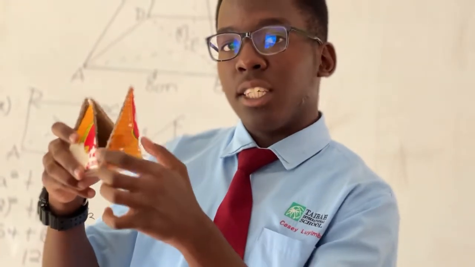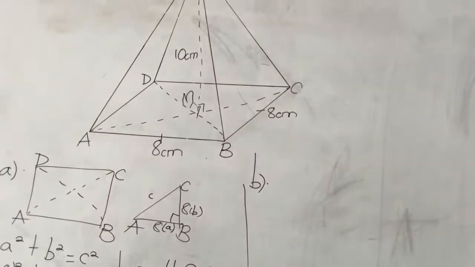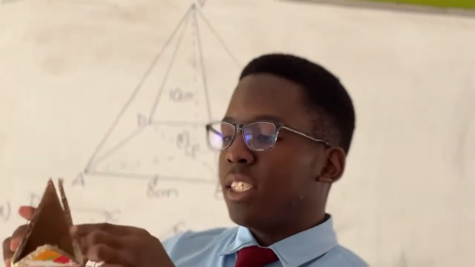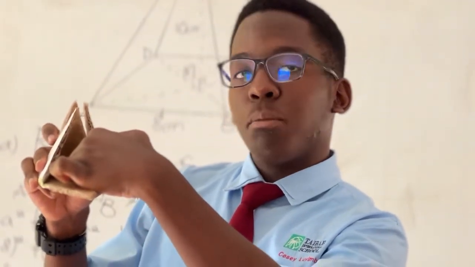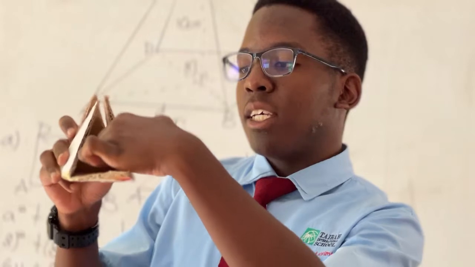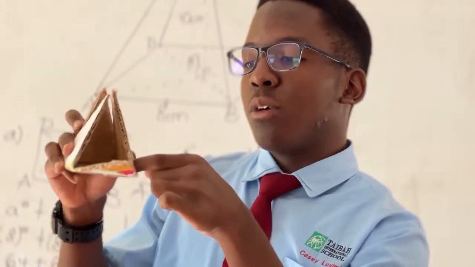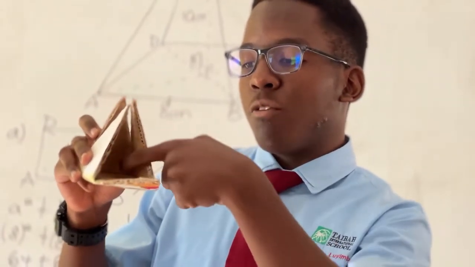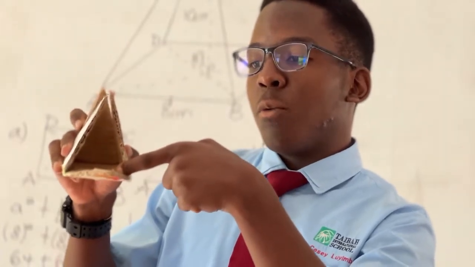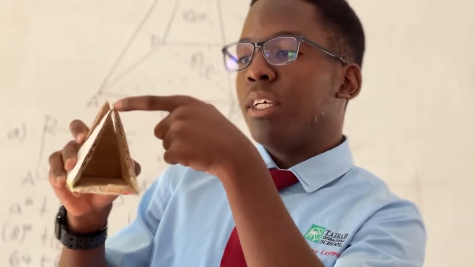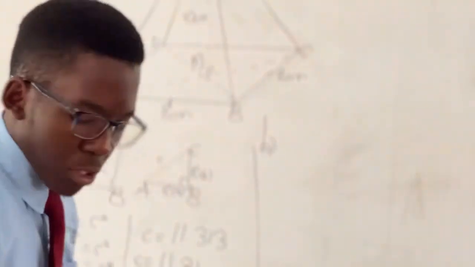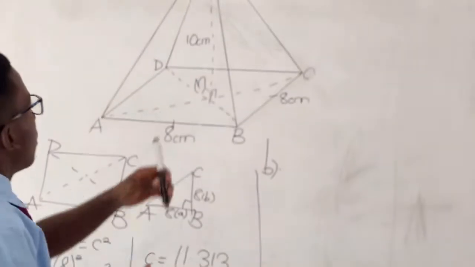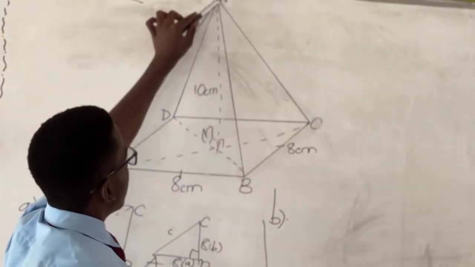And to find it, we know that there's a length here which is VM, which is 10 centimeters, and it goes to point B. So VMB, we can find it. VB is what we're trying to find, and we have VM.